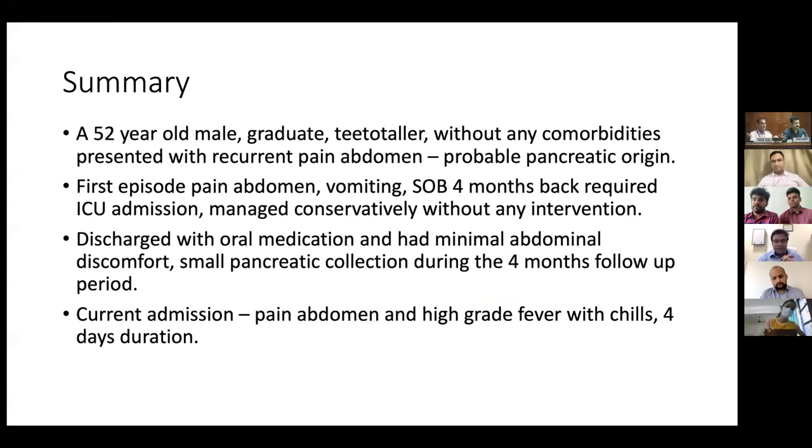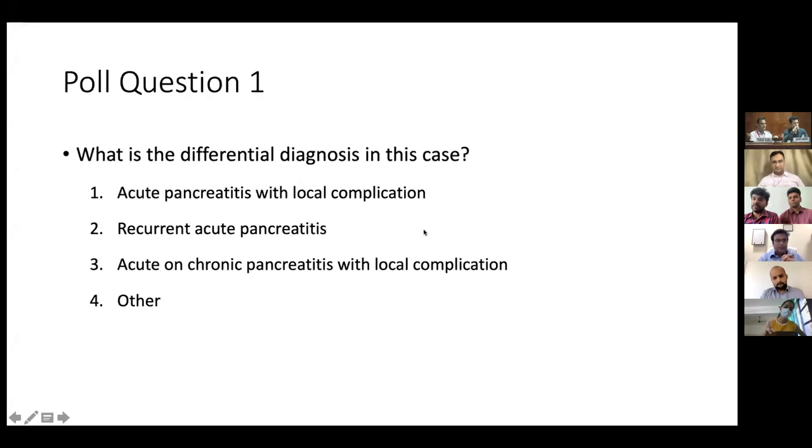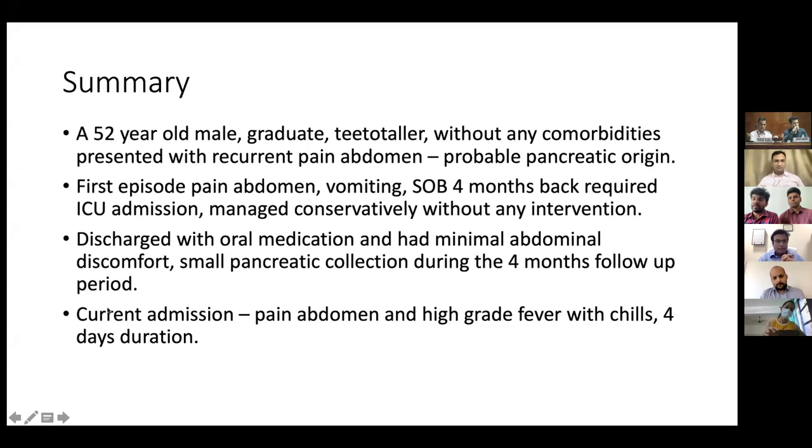Sir, the patient had pain suggestive of pancreatic pain 4 months back, for which he required ICU admission for 6 days and a total hospital stay of 10 days, indicating the patient had significant pancreatic pathology during his first admission. During the 4 months of follow-up, the patient has not been completely asymptomatic. He did have mild symptoms in between.